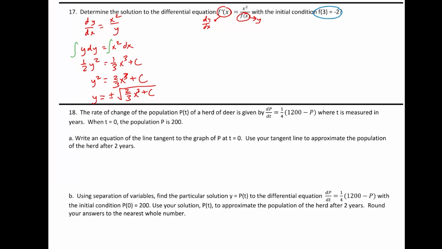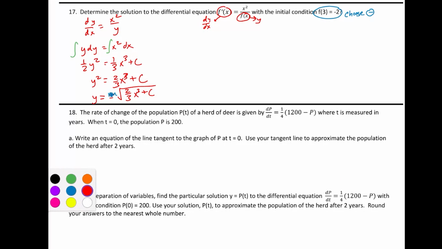And because of how this function's set up, where the plus or minus is on the outside of that square root, all the outputs are going to be positive or all the outputs are going to be negative. So since we know that at least one of the points has a negative output, they all need to have a negative output. So we're going to choose the minus over here.